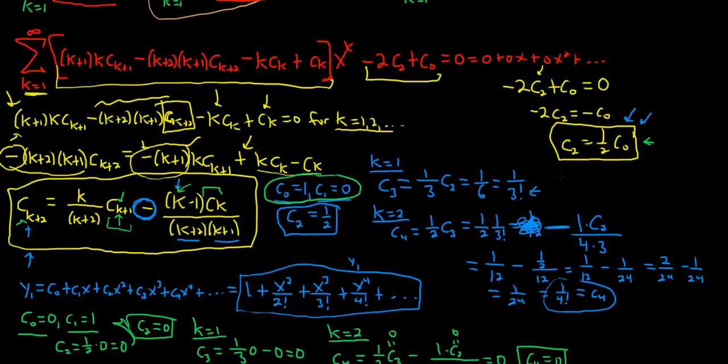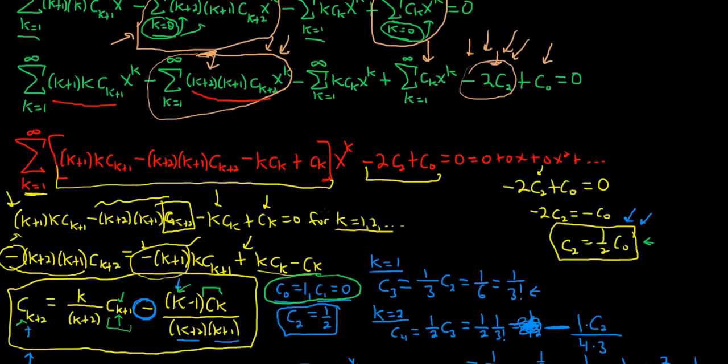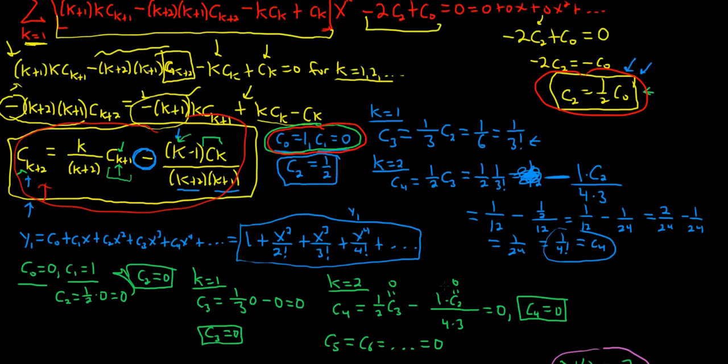And I think the key step is up here. This indirect method, this is key, right? Once you get to this step, where you have your recurrence relation and these two conditions, you basically do this: C0 equals 1, C1 equals 0, get one of your answers, and then do C0 equals 0, C1 equals 1, and get your other answer.